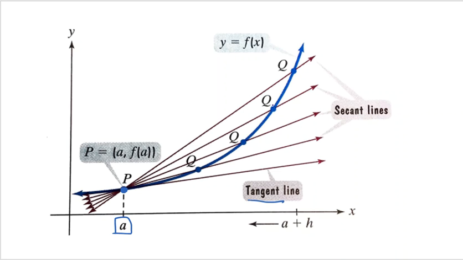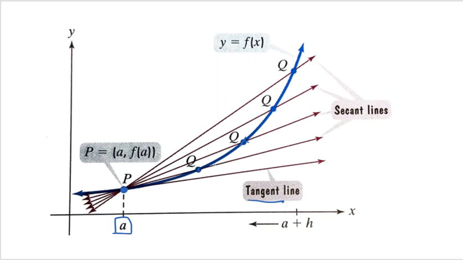If we move that second point closer and closer to the original point P, yes, those are all secant lines, but as that point gets closer to point P, the secant line turns into that tangent line.